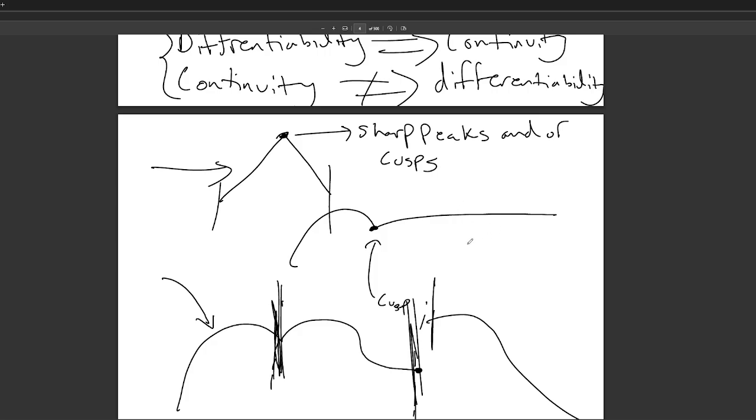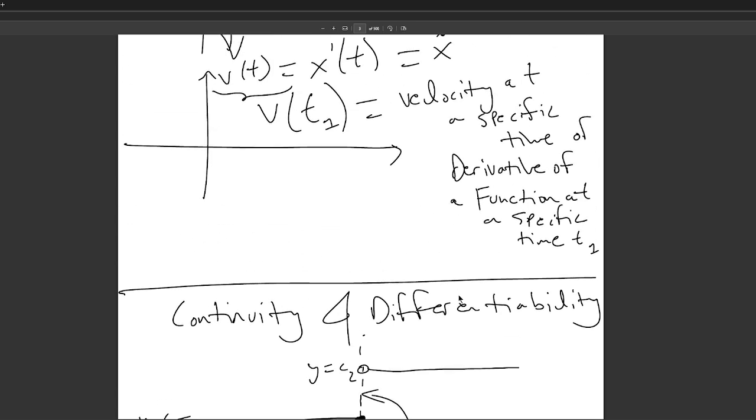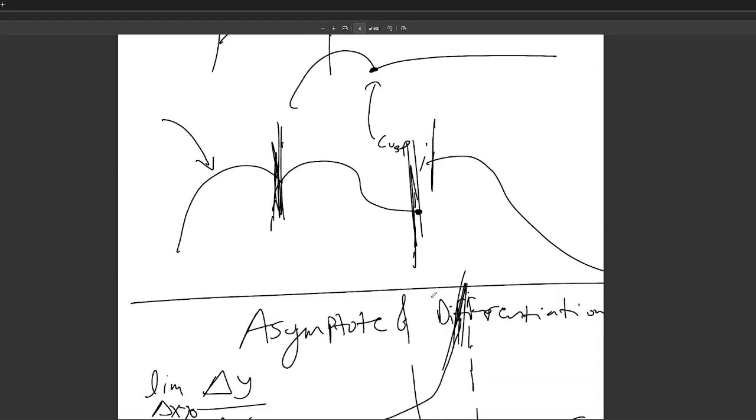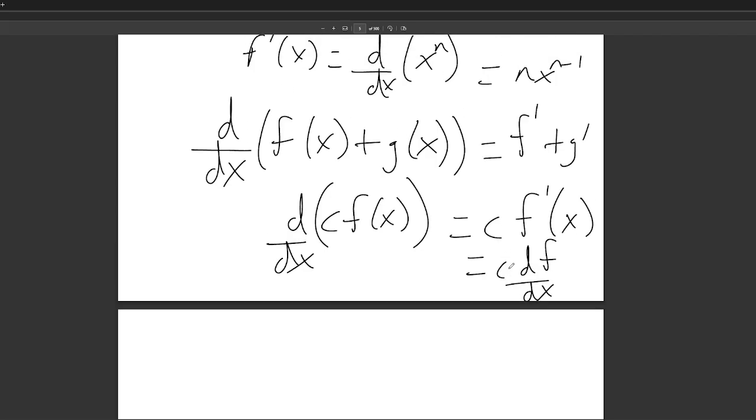You're finding a function that tells you the slope at every point. What's the slope of a constant line like this? Zero. So the derivative is just 0, and there's no point in differentiating it. If you have something like 2x squared plus 4x plus 6, try differentiating this.